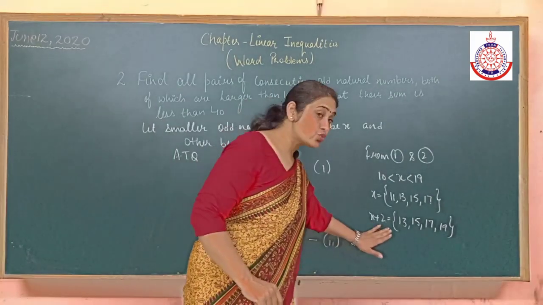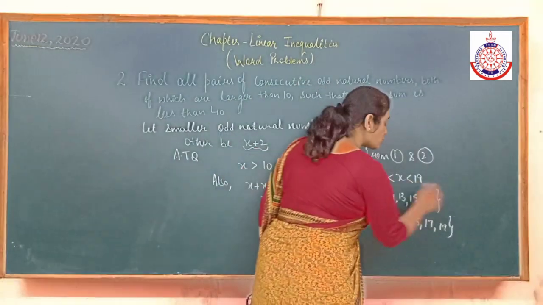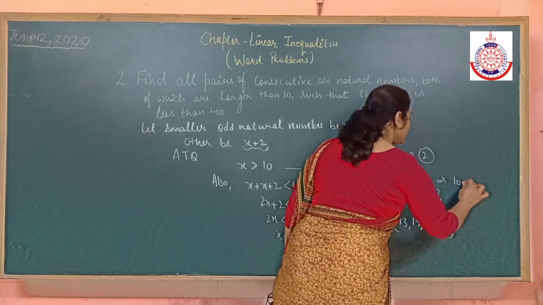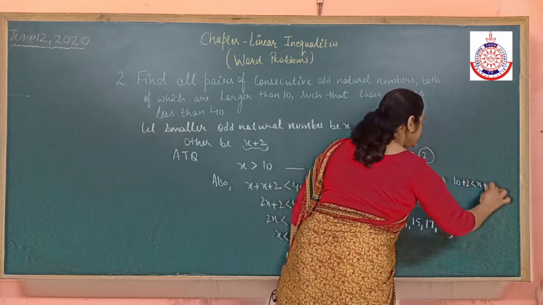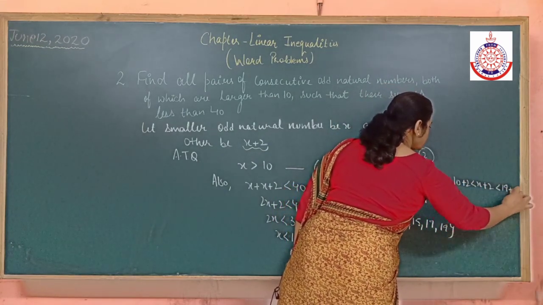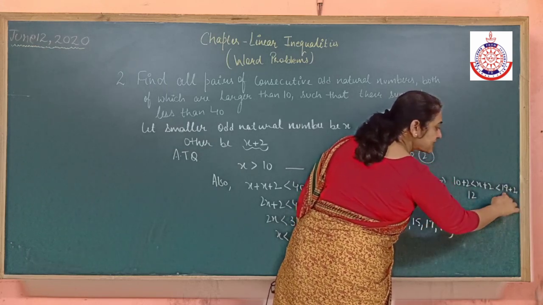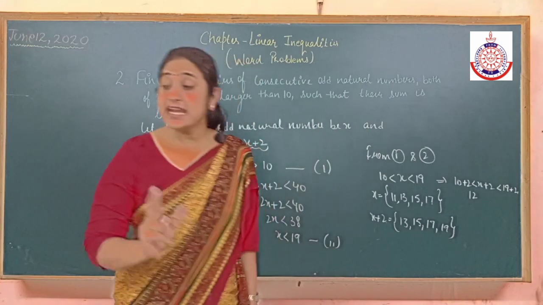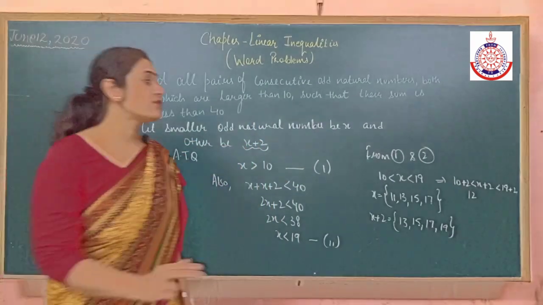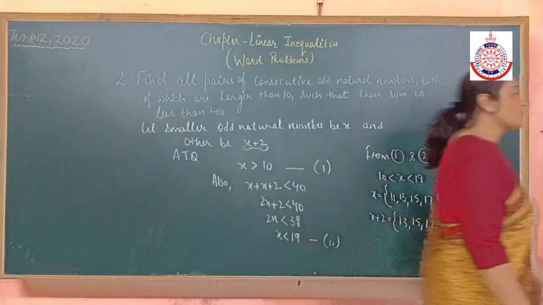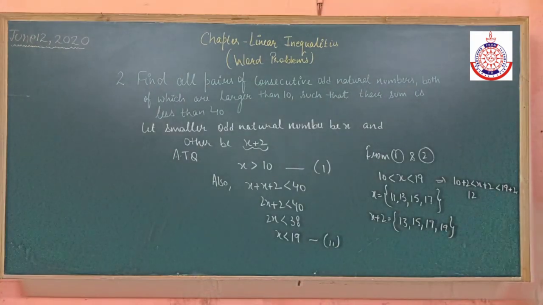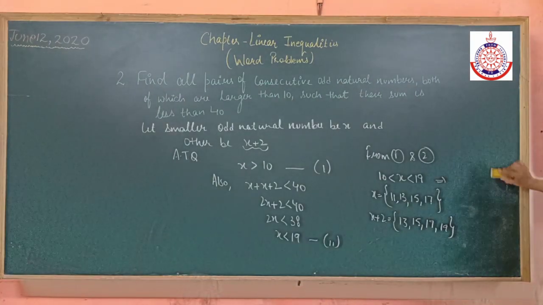But where will x plus 2 come from? If I add 2 on each side, it can be less than 21. So 19 can come in case of x plus 2, but not in case of x.